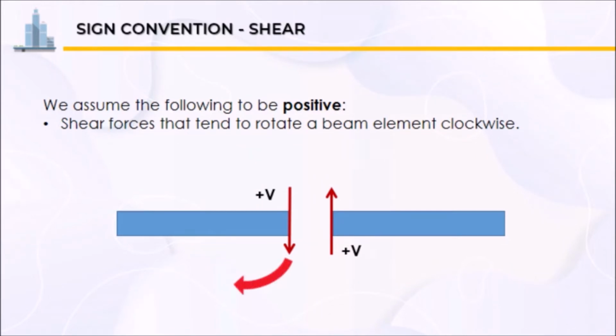So, para maging clockwise ang rotation, dapat sa left segment, the shear must be acting downward. So, parang ang ikot niya ay clockwise. On the other hand, for our right segment, in order that the shear forces be clockwise, the internal shear must be directed upward para clockwise yung direction niya. So, upward shear on the right segment means positive shear.